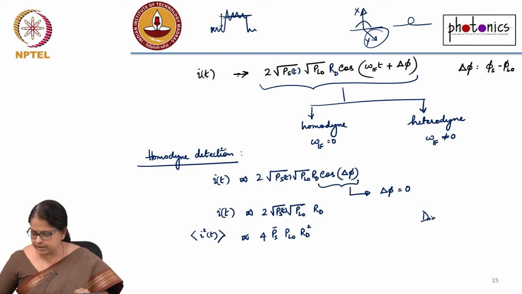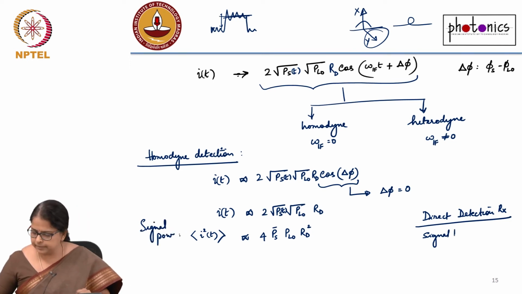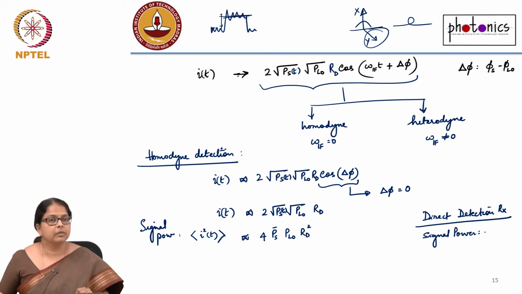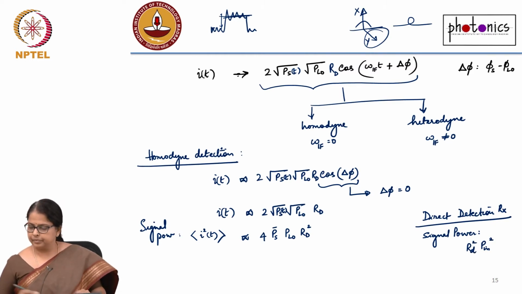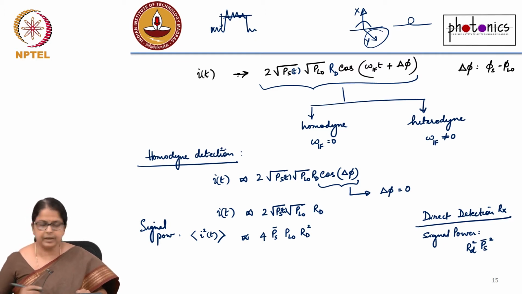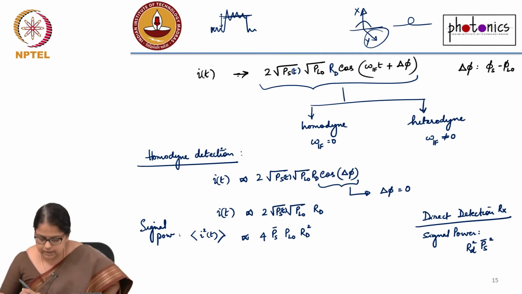For a direct detection receiver, what is my signal power? The numerator was RD square Pin square, or Pin was PS, average PS square. So, what is the improvement?